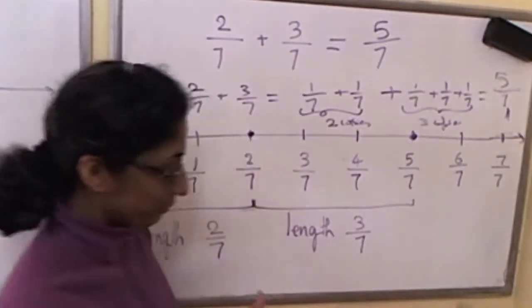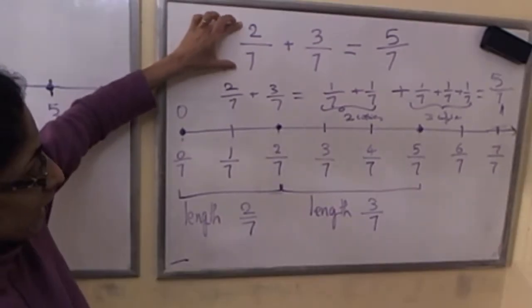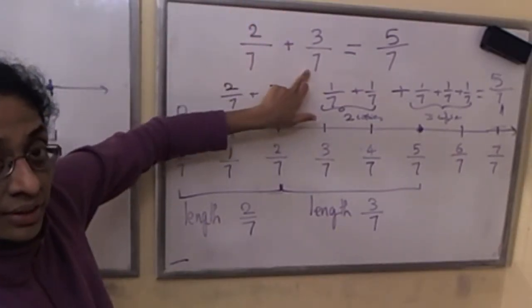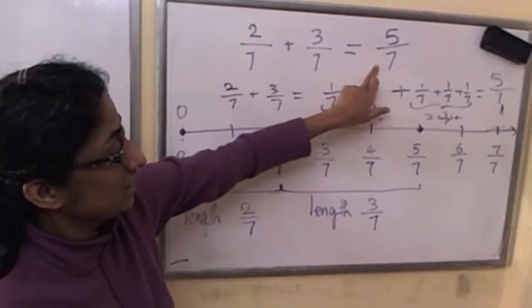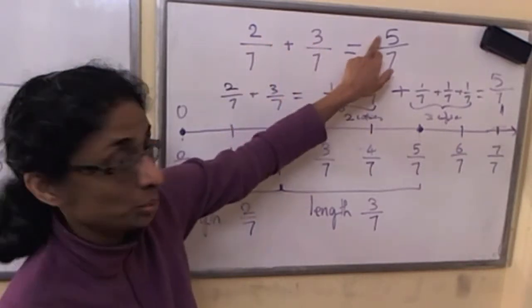There it is. So what are we noticing? When we have to add fractions with the same denominator, you're perhaps noticing that it's really the same as getting another fraction with the same denominator and simply adding the numerators.